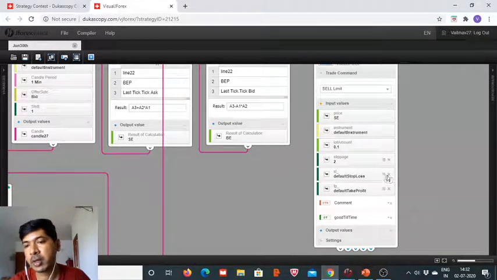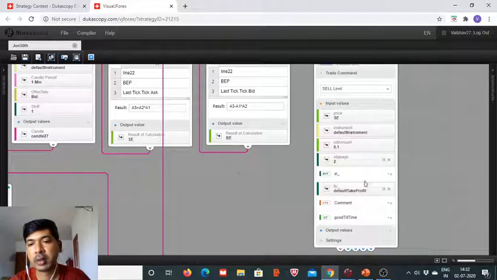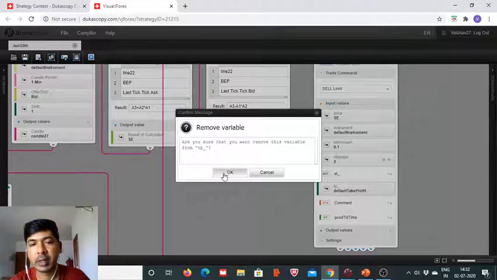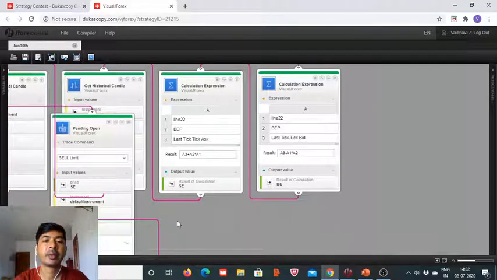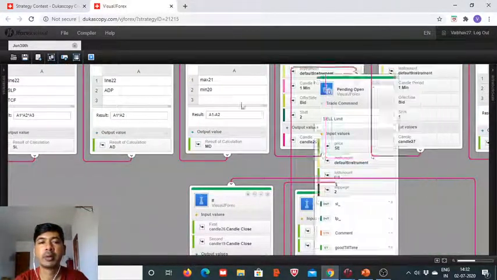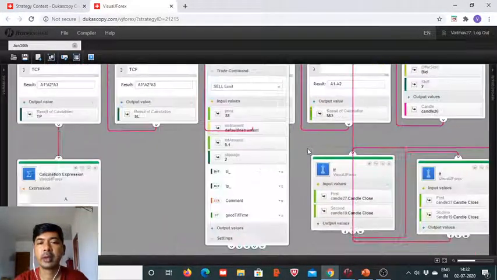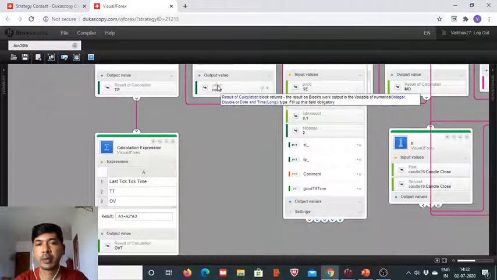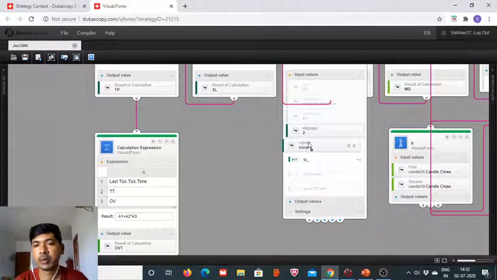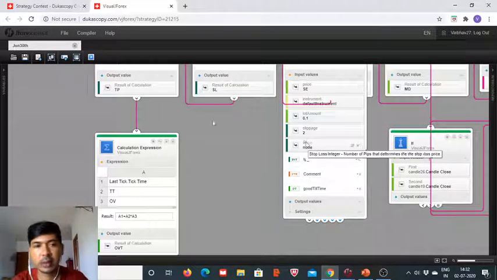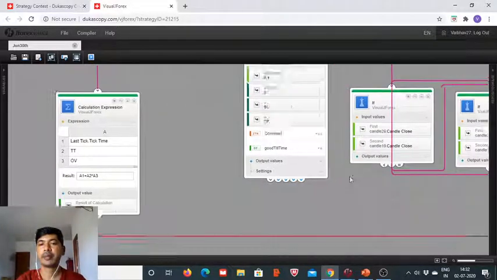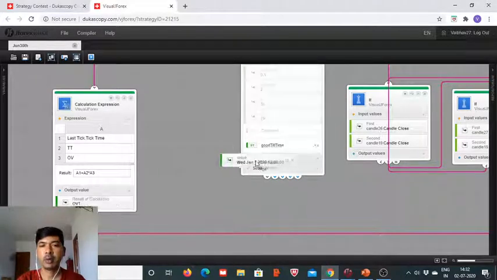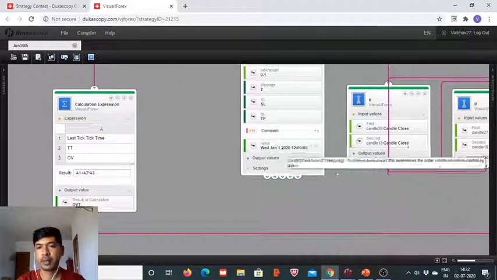For stop loss and take profit, we have done the calculations already, and we will be taking those variables which we have defined. So here we take stop loss in place of SL, and this TP comes in here, and OVT comes in for good till time.